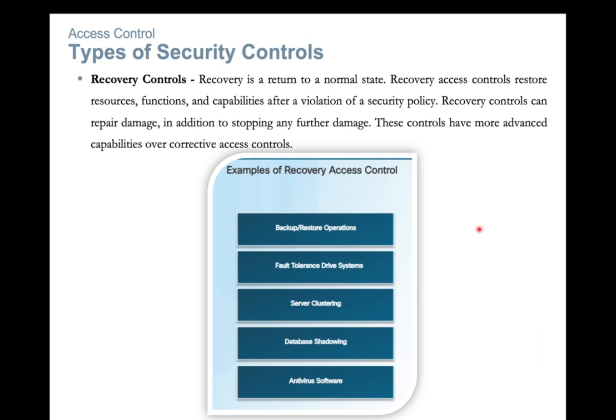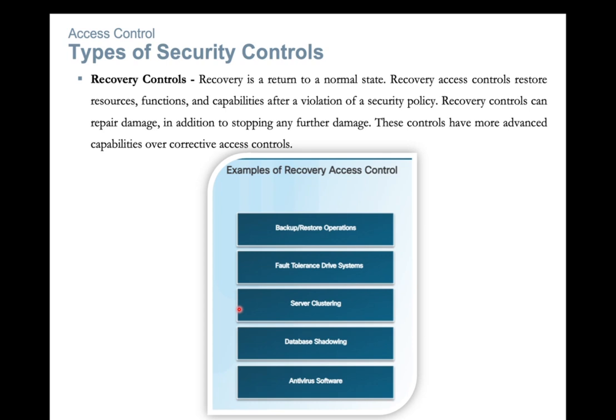Recovery control can repair the damage in addition to stopping any further damage. These controls have more advanced capabilities than corrective access controls. Examples of recovery access control are backups to restore operations, fault-tolerant drive systems, server clustering, database sharding, or antivirus software.